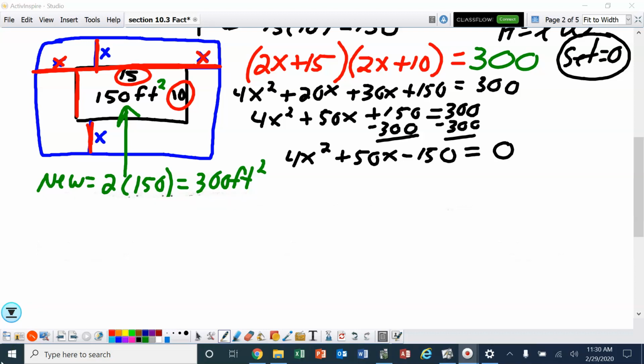All right, now that I have a little bit more room, what I'm going to do next, we haven't run across this yet, but I noticed that all of these are even numbers. So I'm going to divide by a common factor.